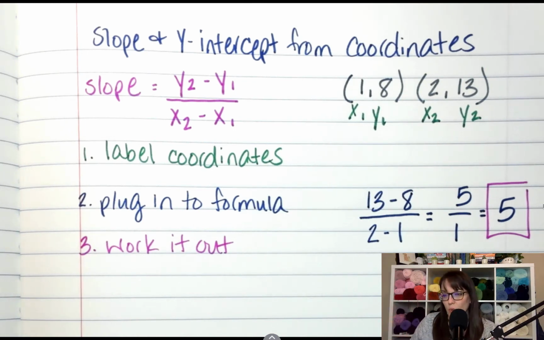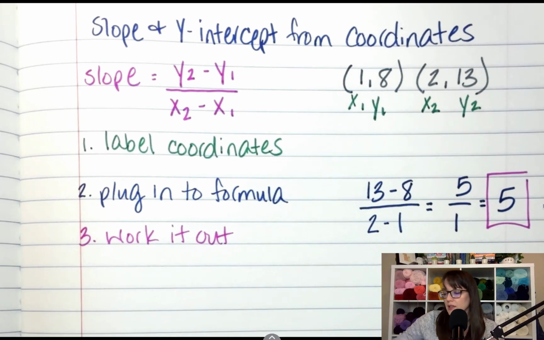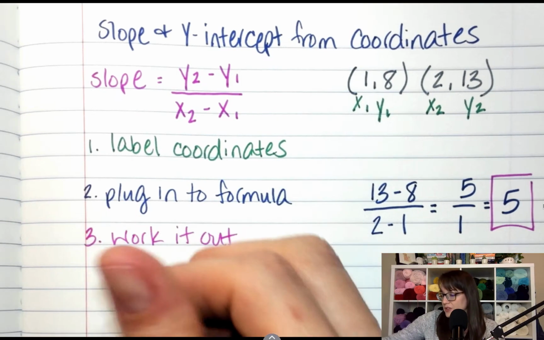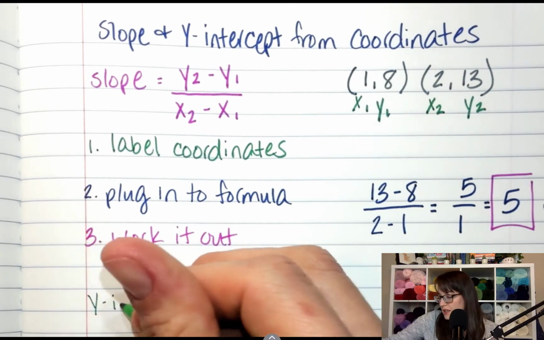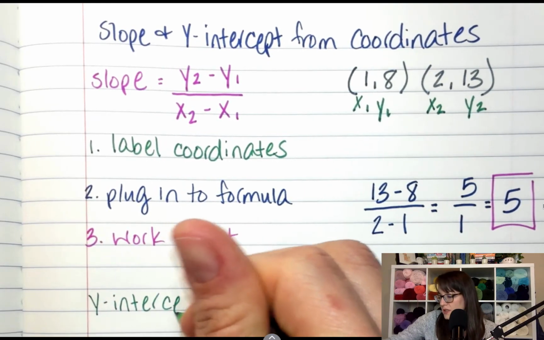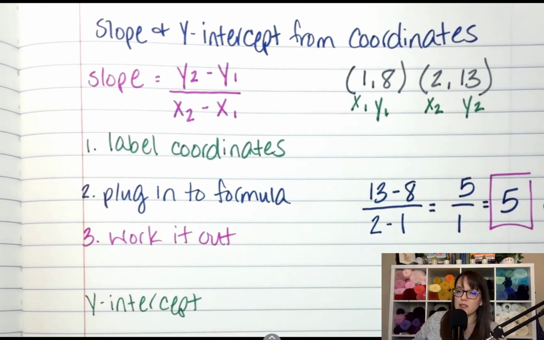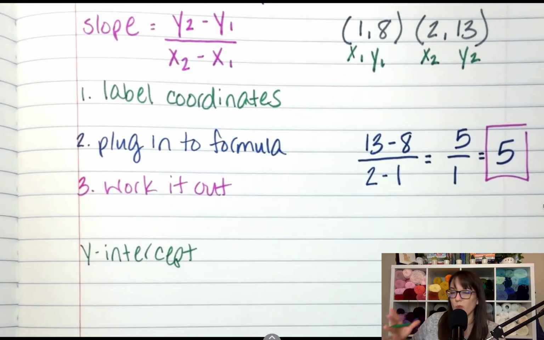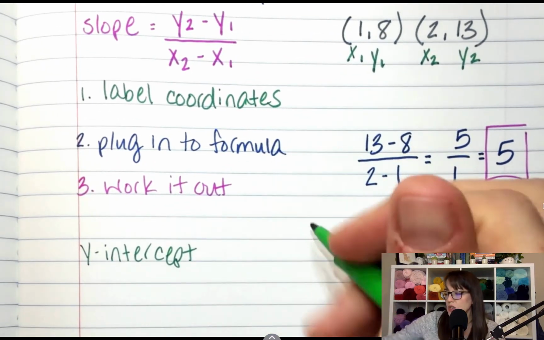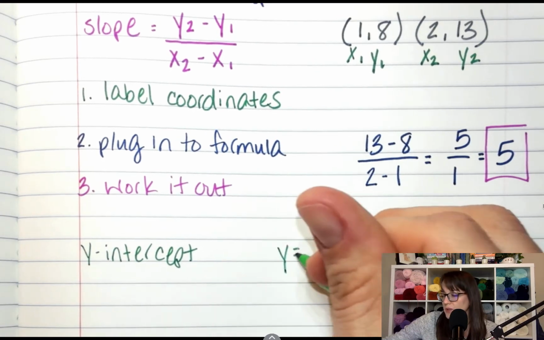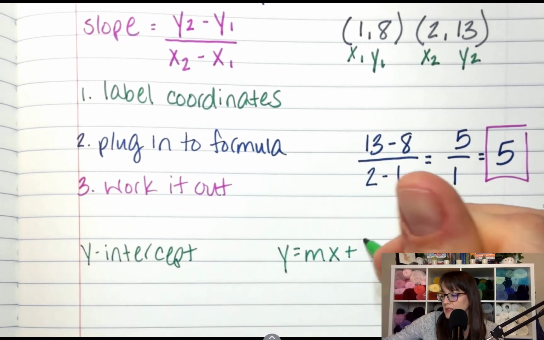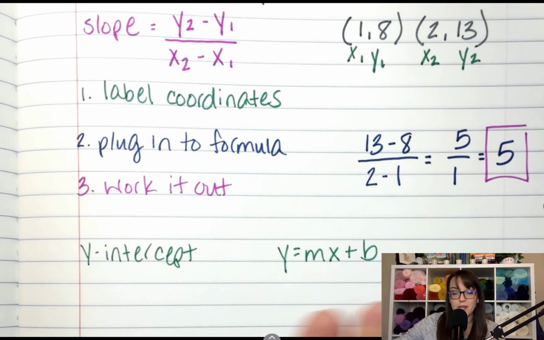Now let's find the y-intercept. When I'm finding the y-intercept, we're going to dive into 6th grade a little bit and go to some one-step equations. So we know our equation is y equals mx plus b. This is my slope-intercept form. We use it a lot in this unit.